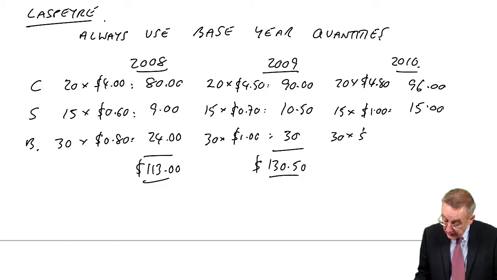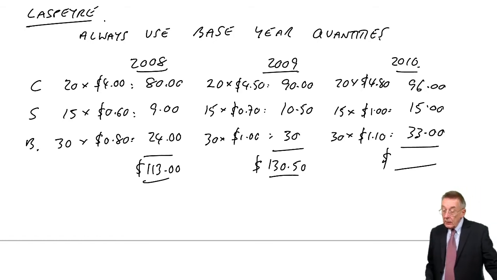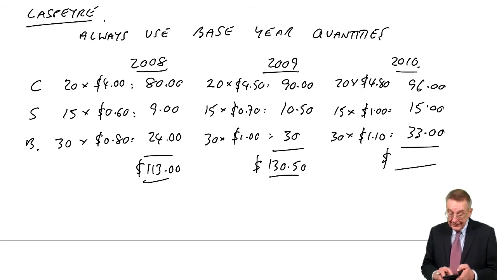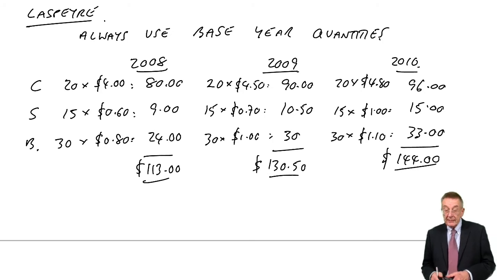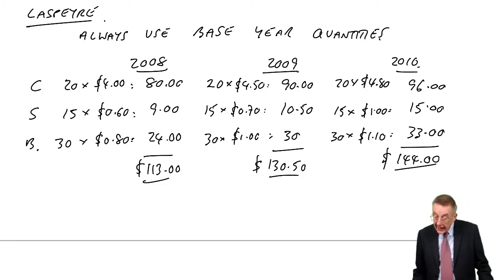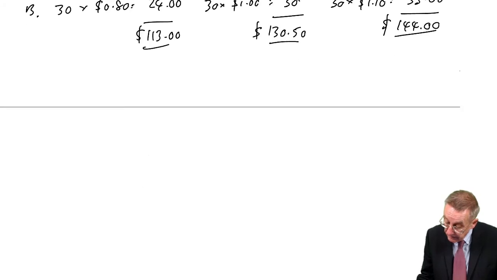And bread, $1.10 is 33. Which gives us a total of $144, if I've got my arithmetic right, I think I have. So see what we've got there, the price of the same quantities in each of the 3 years. And now we can do the index number.